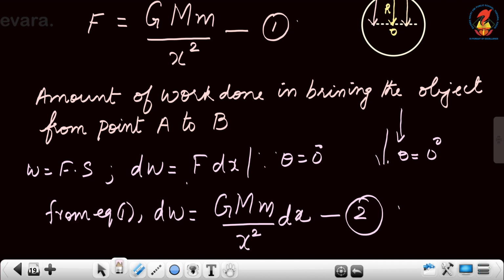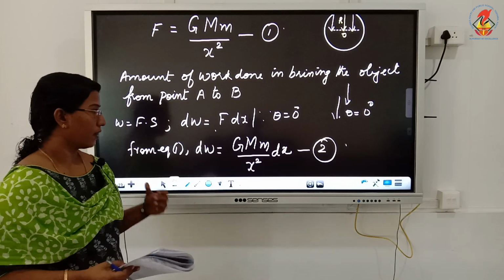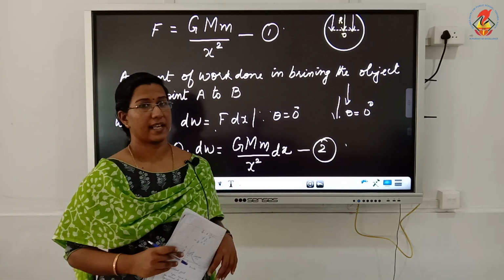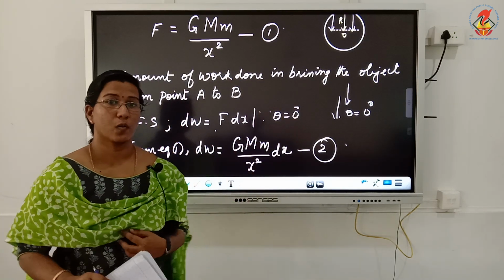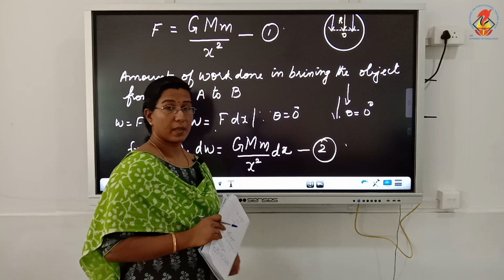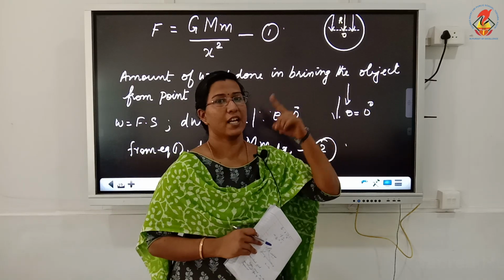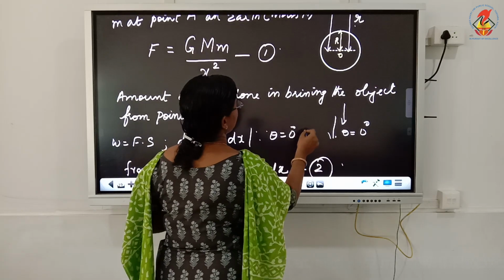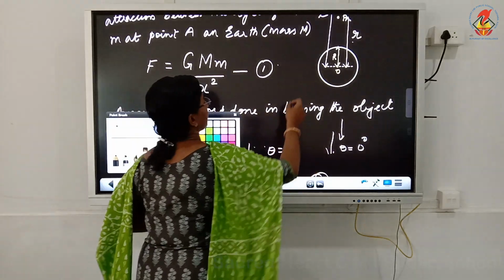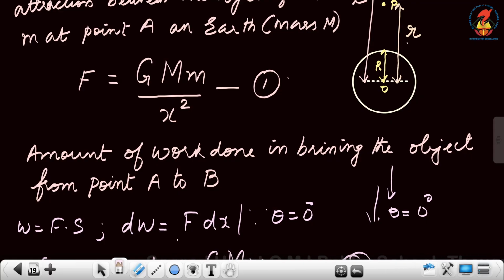So I got the amount of work done for moving the body through a small distance dx from point A to point B. But what is my aim? My aim is to find out the amount of work done in bringing the body from infinity to point P. Now where is point P situated? Point P is situated at a distance small r from the center of the earth.